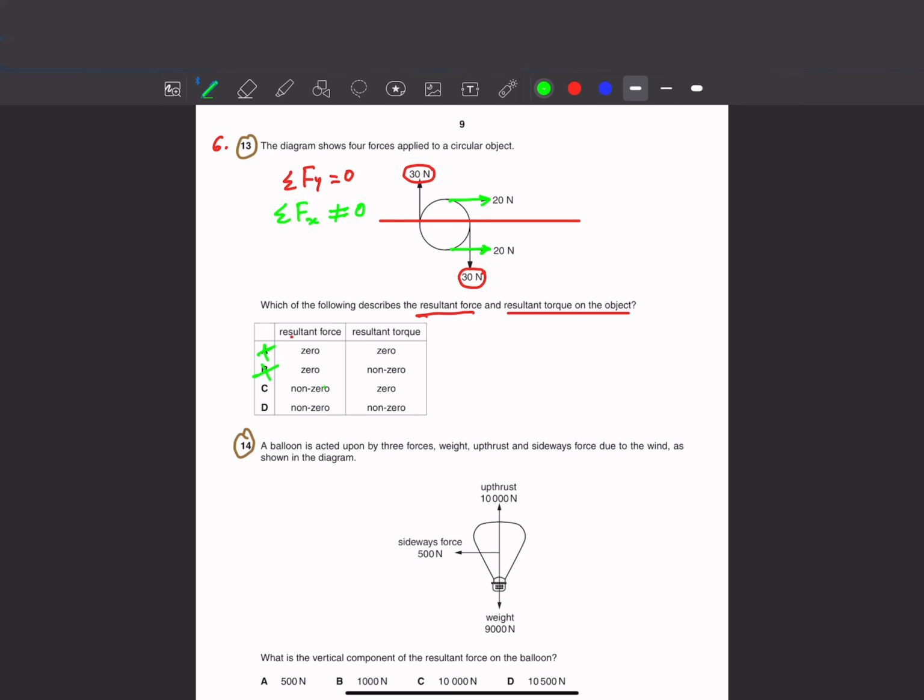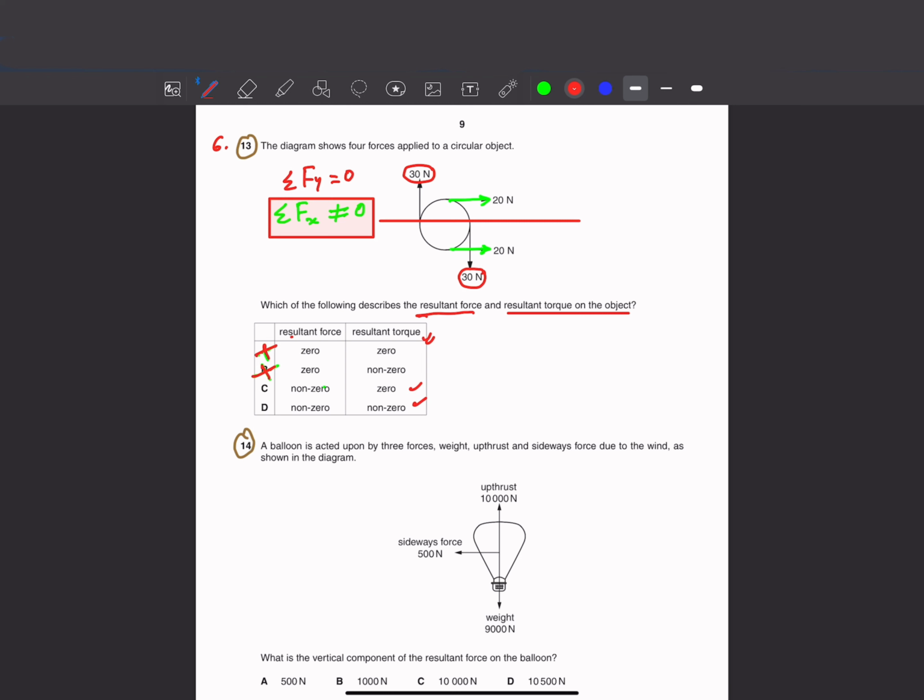So you have already rejected these two options, because when you start with the concept of resultant force, you observe that the resultant of summation F is not giving you 0. So of course it is the non-zero situation. But here you have two other options, resultant torque is 0 or non-zero.